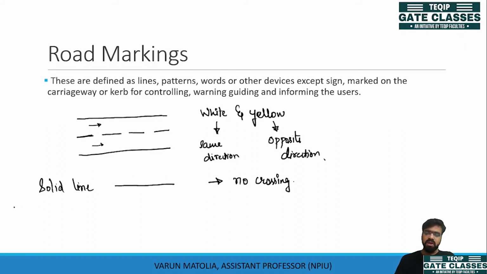If we have double solid lines, two solid lines adjacent to each other, it means no crossing in any condition. For a single solid line there are some exceptions, or in an emergency you can cross.